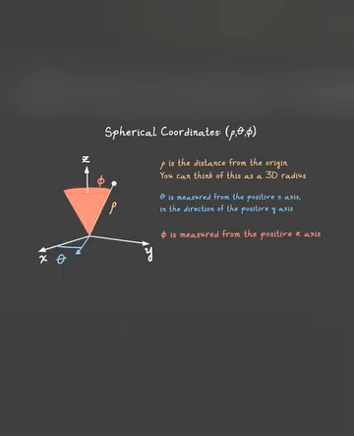The last one is phi, and this one might be a little bit counterintuitive the first time you see it, but it makes sense if you think about the values of phi needing to sweep all of 3D space. So if we start at phi equals 0 and slowly increase it, we can see this cone almost blooming out of the z-axis until eventually it reaches pi over 2. And when phi is pi over 2, then we've swept all the way down to the xy plane.